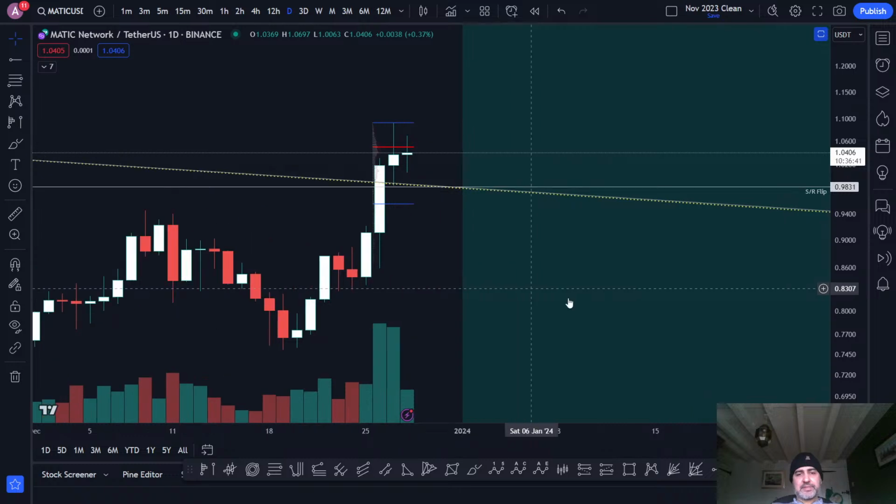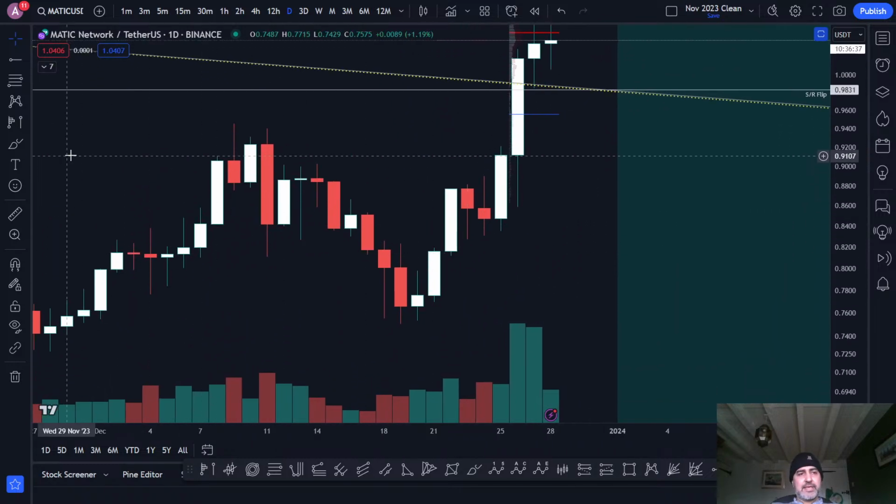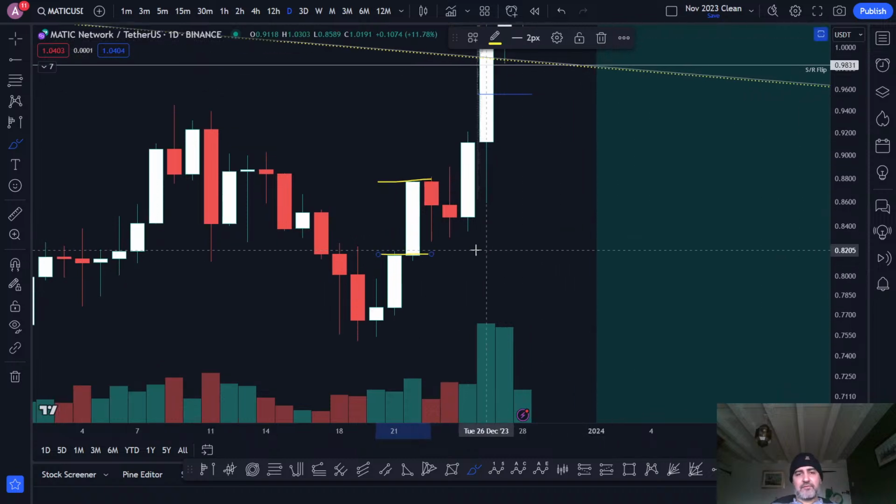I'll give you an example of the bears being in control and failing. Look, you see this expansion candle here, from here to here. For two days the bears were in control, one, two, and they failed to do anything. They failed to close lower than this green candle. That was their objective: they want to reverse this candle.